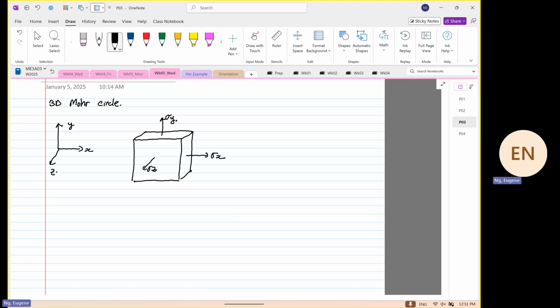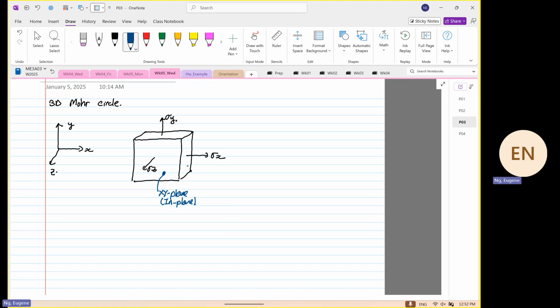By now, you should be very familiar with what plane they are. Over here, this is known as your XY plane, capital XY. So this is your XY plane, and we know this is known as your in plane. Why is it the in plane? It has the largest surface area.